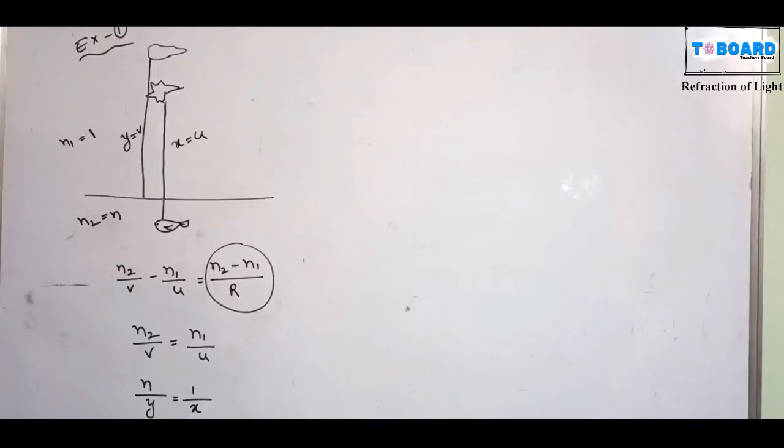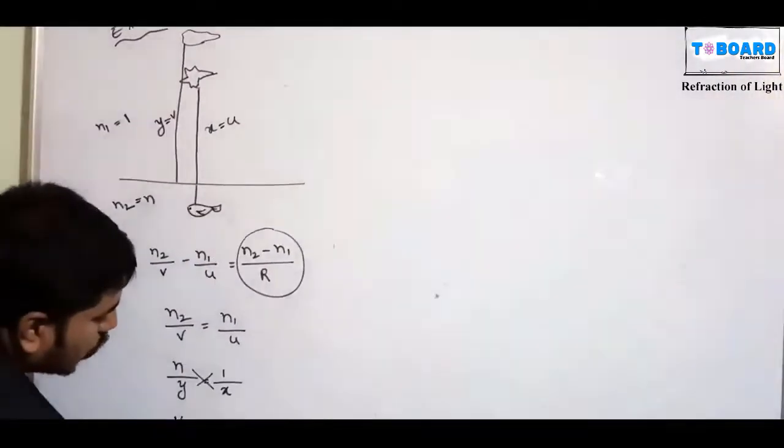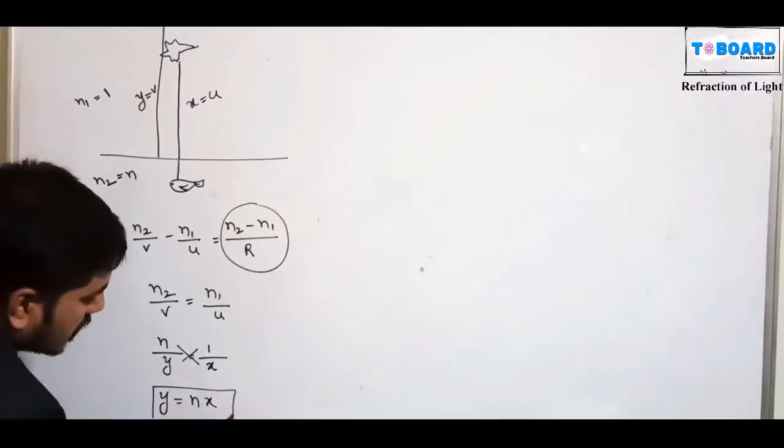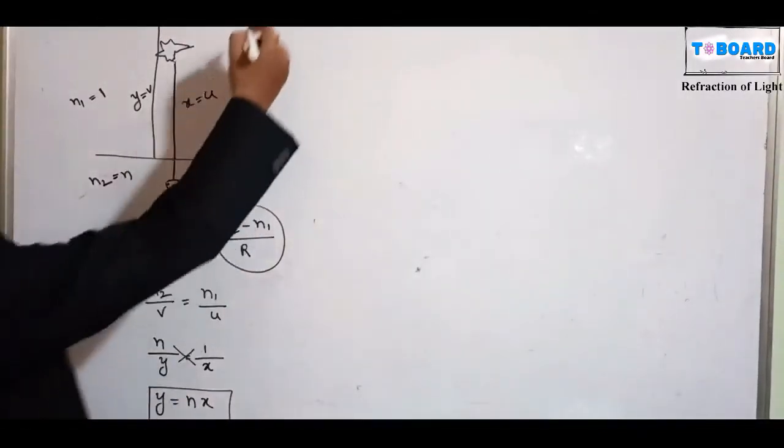So if I multiply both, y is equal to n into x. So y is equal to n into x is nothing but a multiple of x.